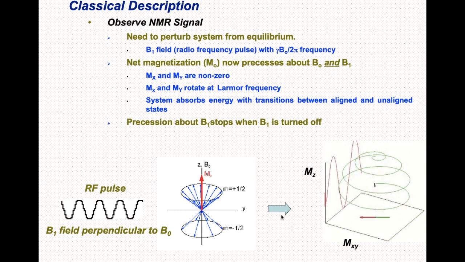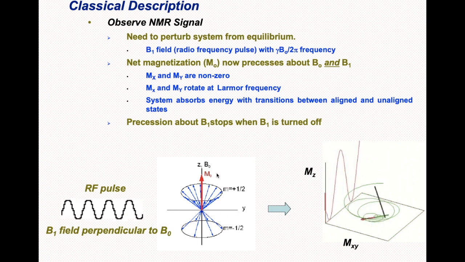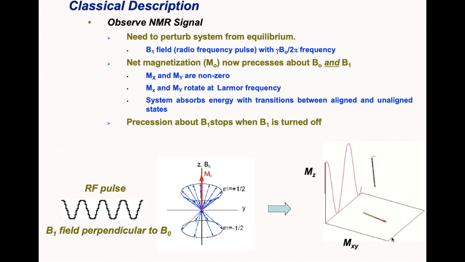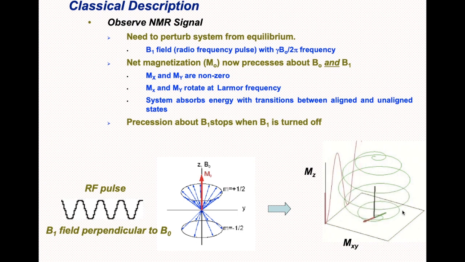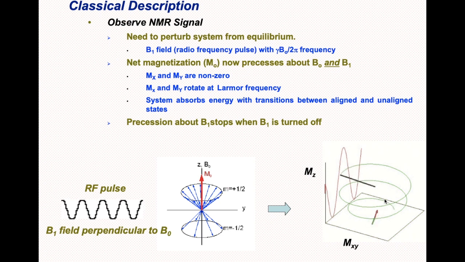As a result, the moment you start applying the secondary magnetic field, the net magnetization vector starts precessing with the same Larmor frequency in the xy plane. Please remember that initially the xy magnetic component is 0, but because the secondary magnetic field is applied, it is no longer 0, and it will be maximum in that particular direction.